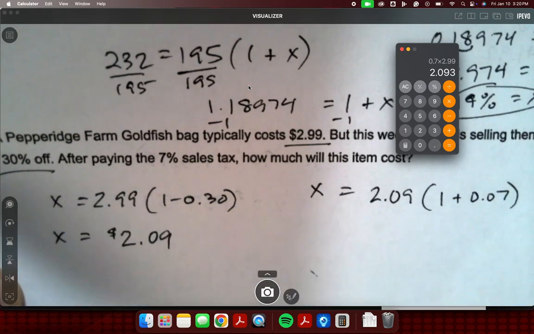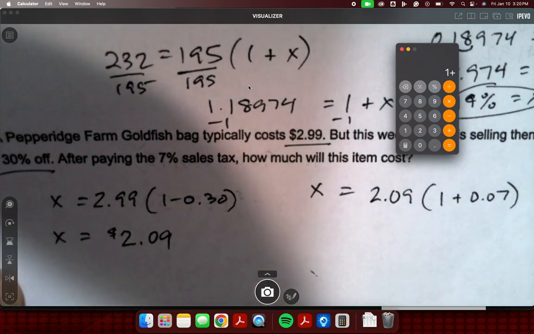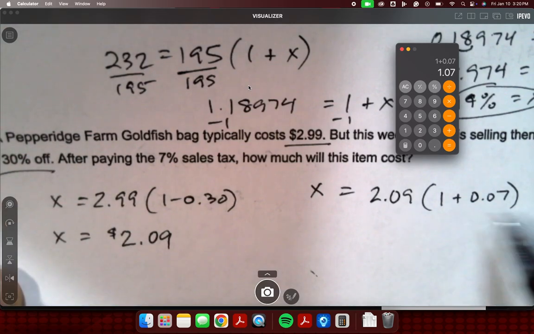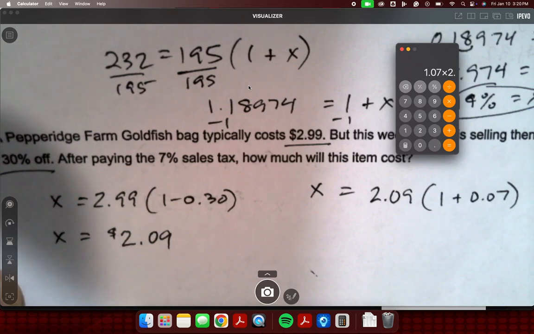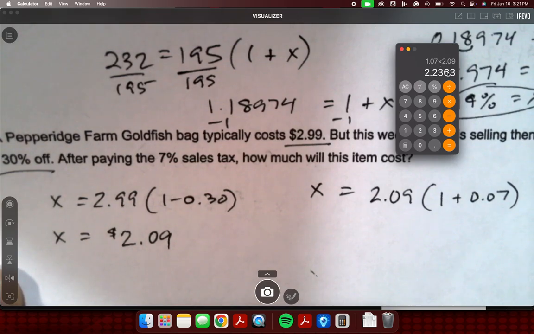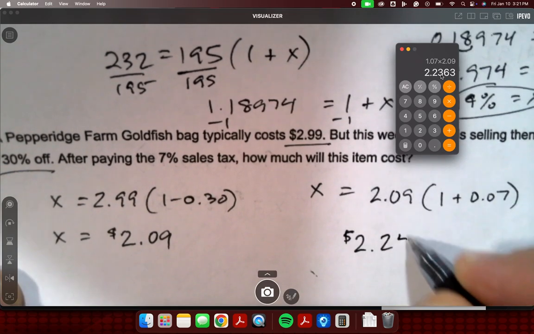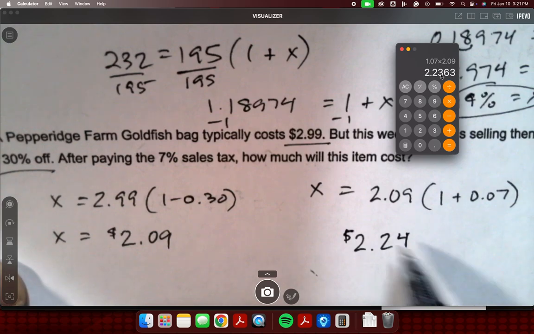So 1 plus 0.07. That's what the parentheses is, 1.07. We multiply that by 2.09. Again, we can round to the nearest penny. So because that 6 is bigger than 5, we round this 3 up to a 4 and say the final cost after discount and tax is $2.24.